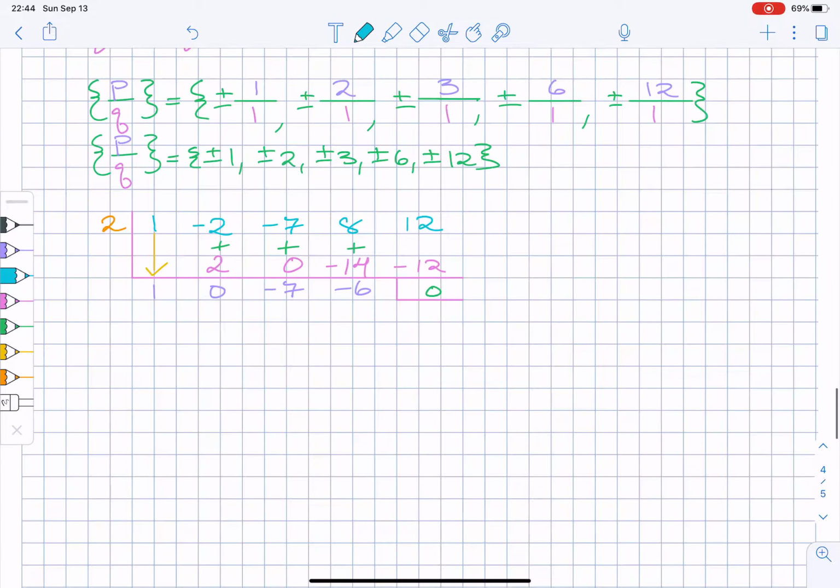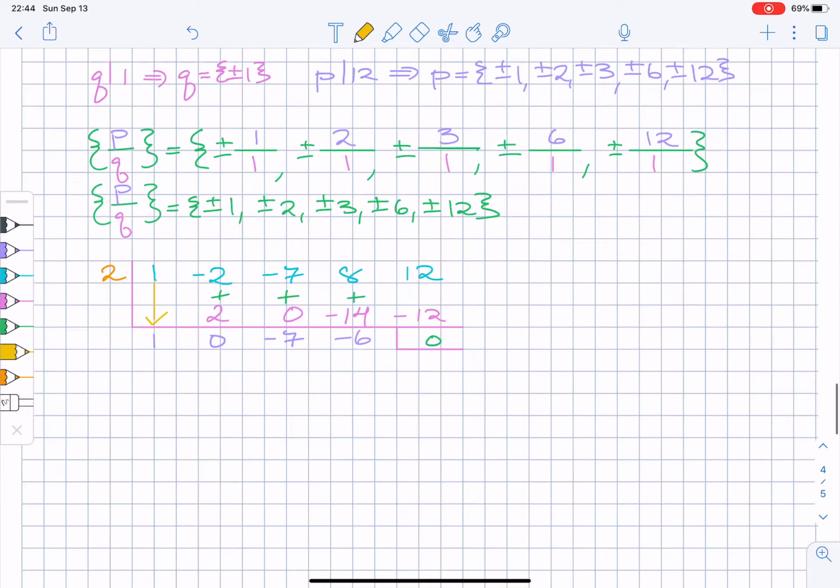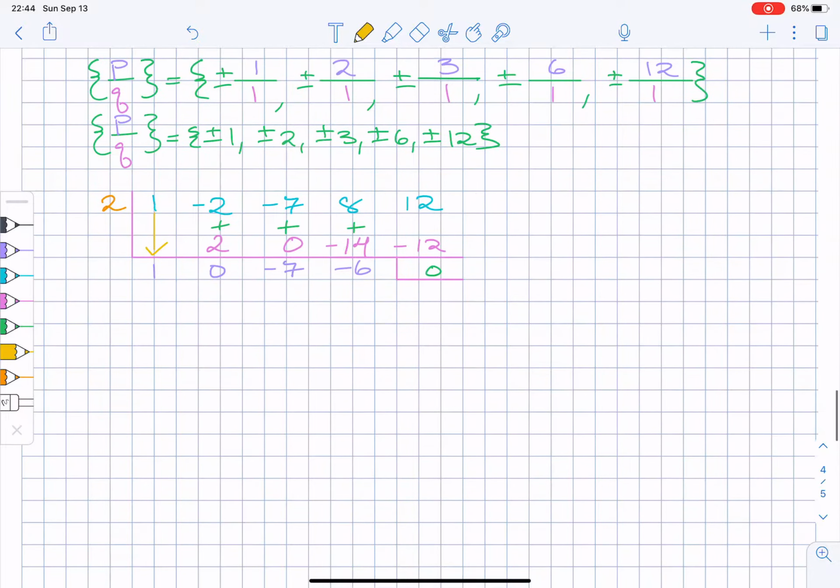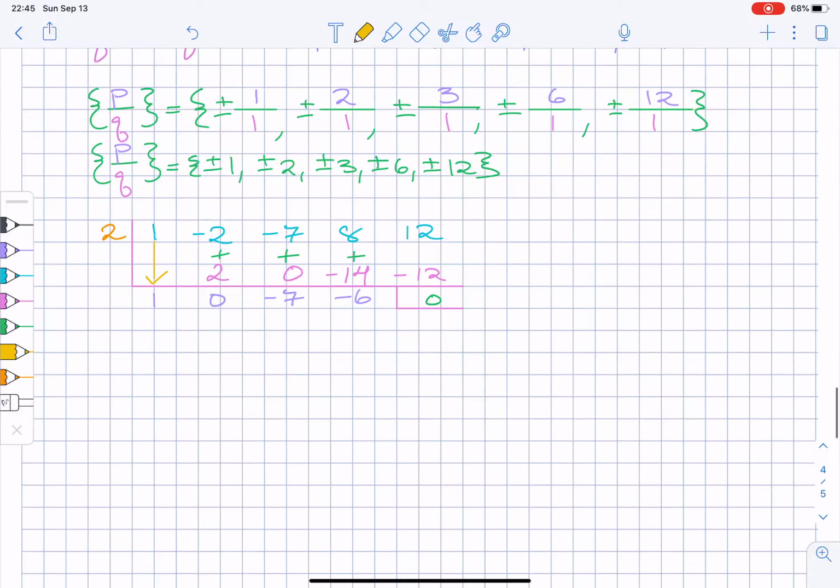So if we look now at this last number, it's not 12, it's now 6, plus or minus 6. So I can try again with the 1s, the 2s, the 3s, and the 6s. So let's see. 1 minus 7 is negative 6. Minus 6 does not work.